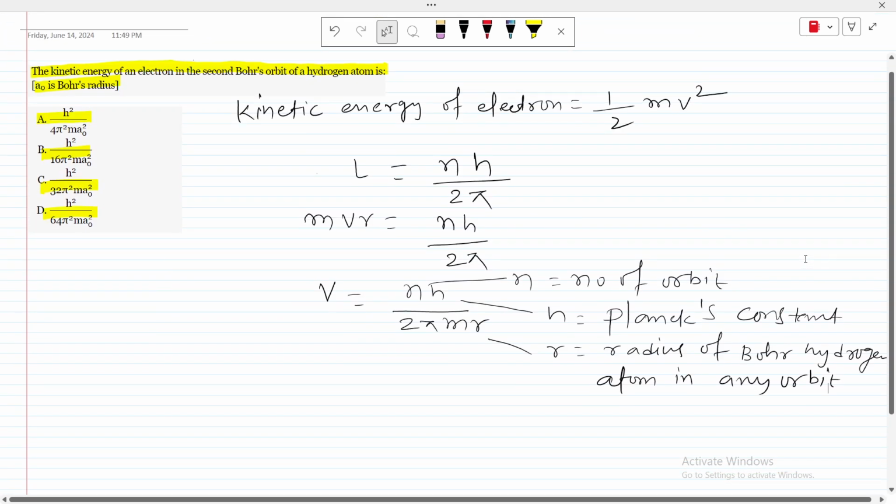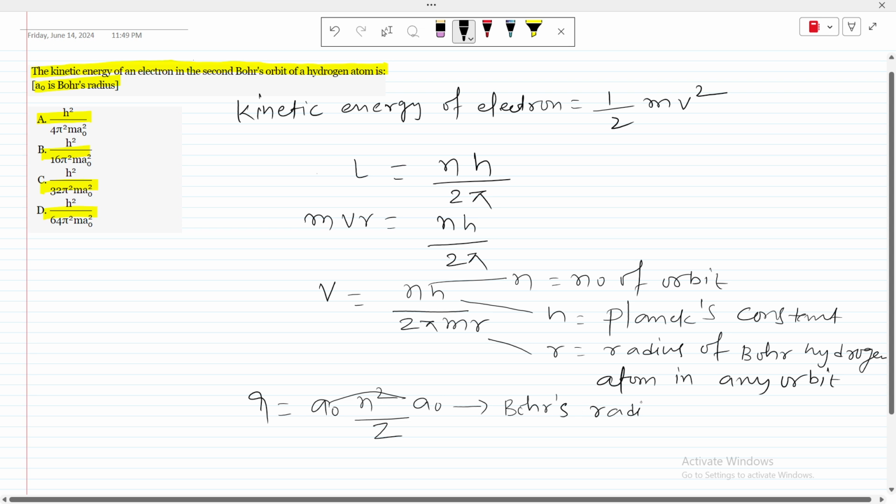So r has the formula a naught n square upon z, where a naught is Bohr radius.